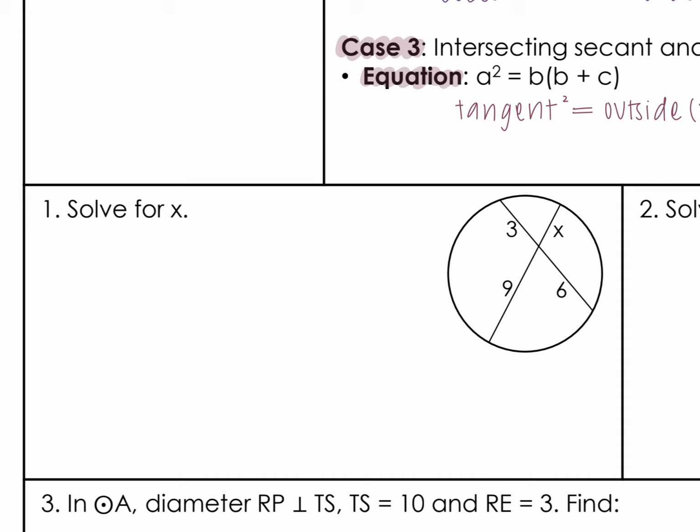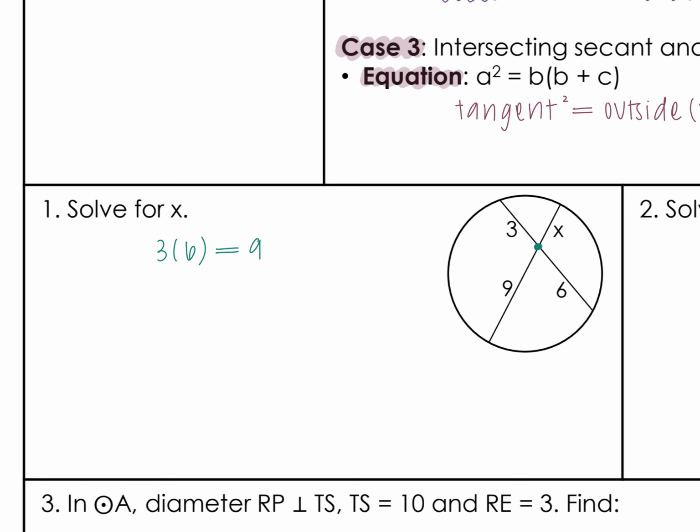So starting off pretty easy, in number one, we have solve for x. So here I'll notice that these segments are formed inside. Okay, so I'm going to break down one line, one chord, and we have 3 times 6, the two parts of that chord, should be equal to the product of the other two parts of my chord.